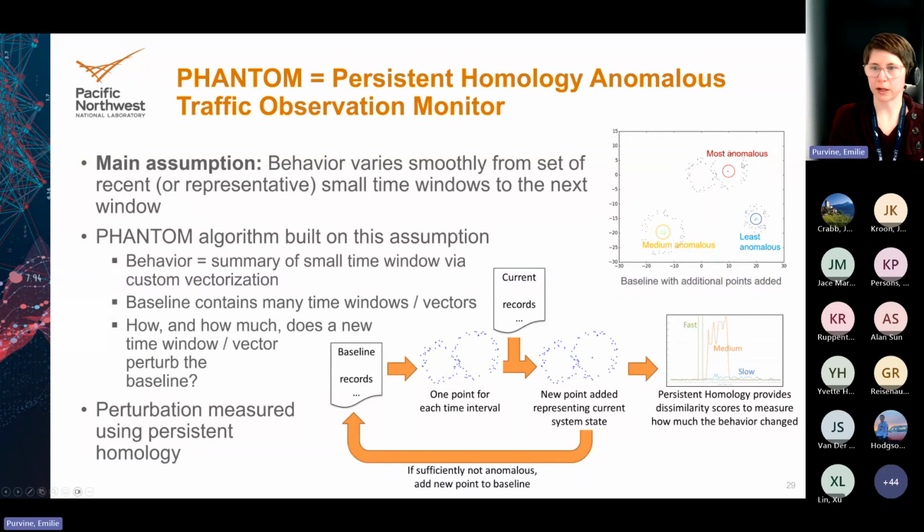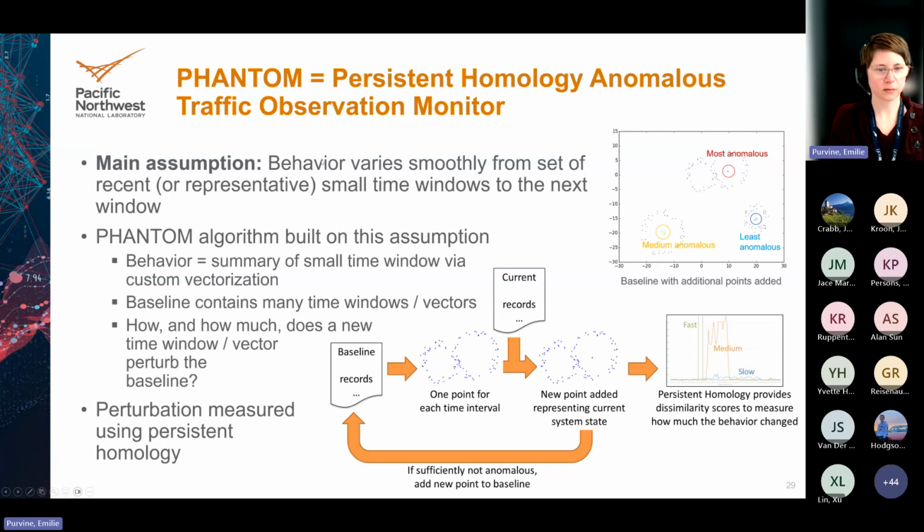So if these blue points are your collection of baseline, and this red point is a new point, all the little blue points are from yesterday, and this new point is from today. How do I then say that this point doesn't fit in to the rest of the points? It's probably more anomalous from the perspective of this persistent homology.